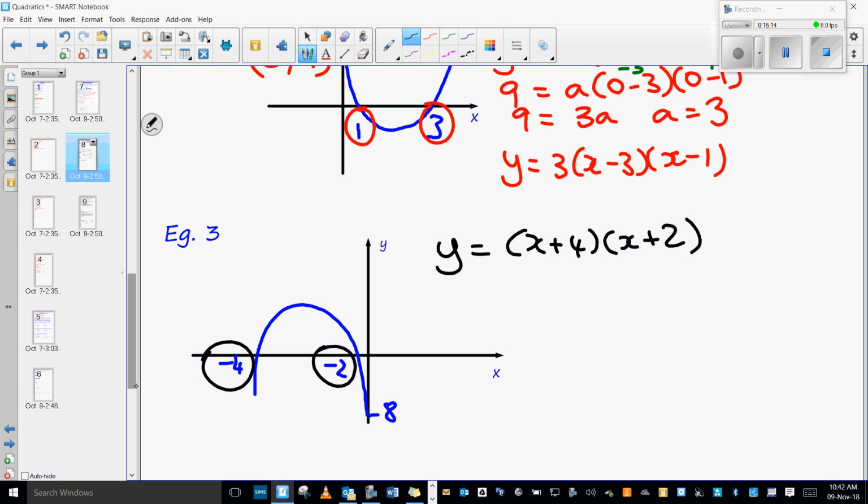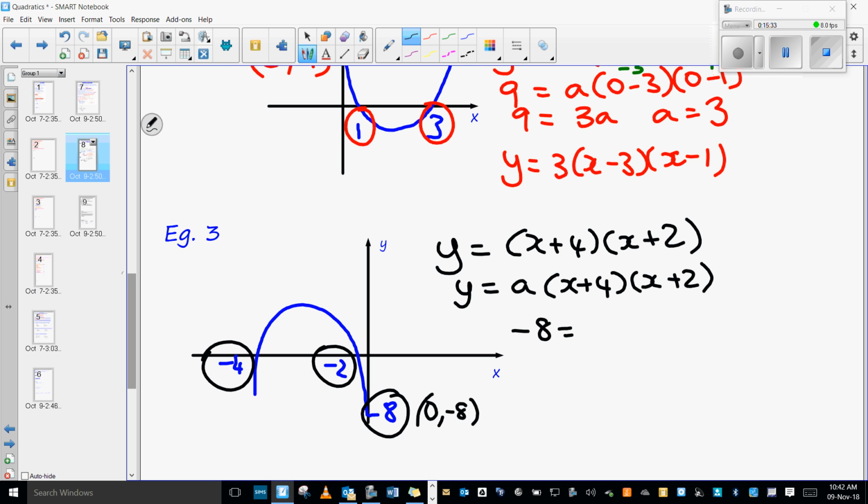So we know it's not exact, so let's establish, so we know it could be a, x plus 4, x plus 2. We know it goes to the coordinate 0, negative 8. So we're now going to stick that in. So 0 plus 4 or 0 plus 2, so this is 4 and 2.